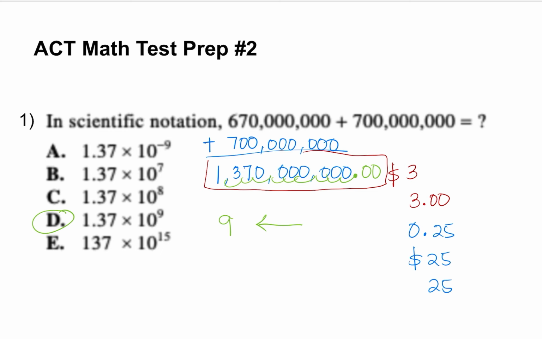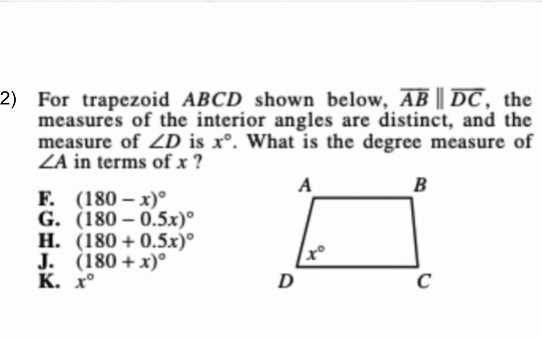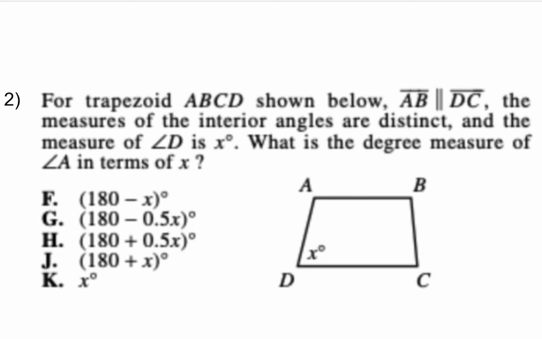Let's try another problem. On this problem, it is particularly talking about a trapezoid. A trapezoid is a quadrilateral, a four-sided figure. In this trapezoid ABCD, shown below, segment AB is parallel to segment DC.